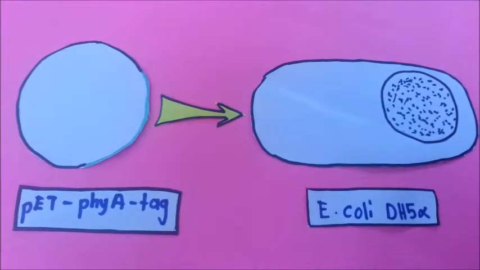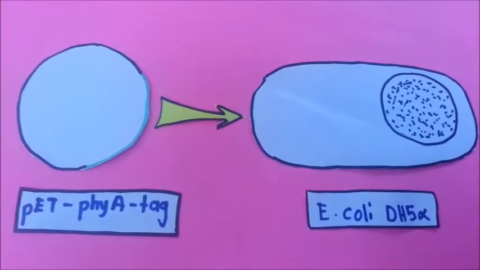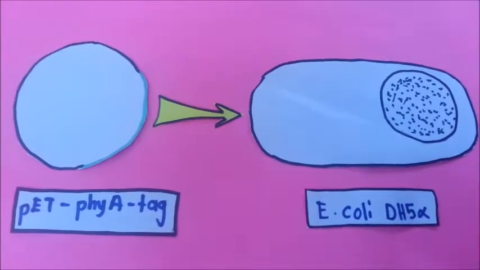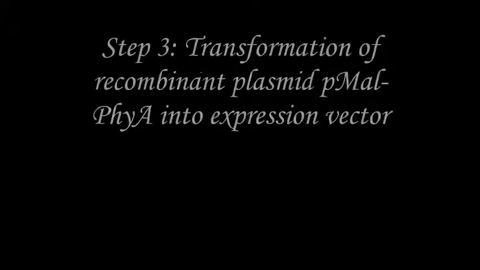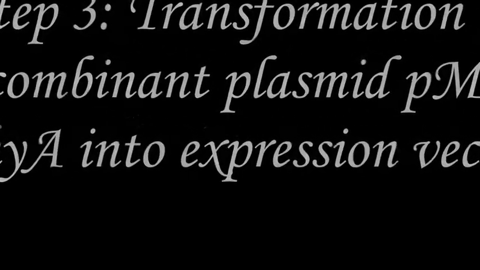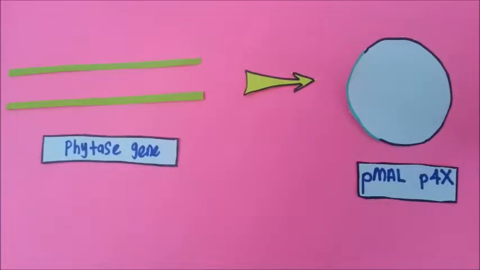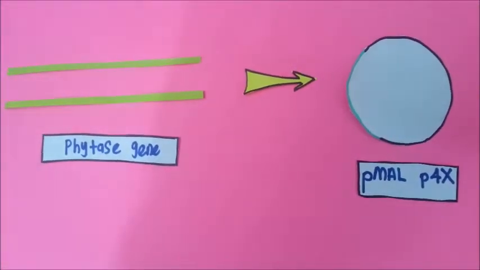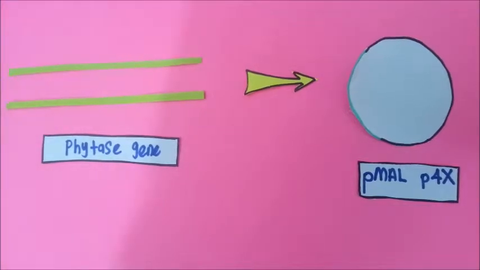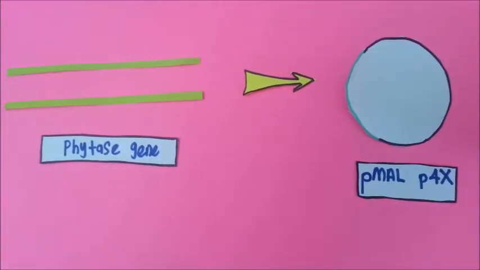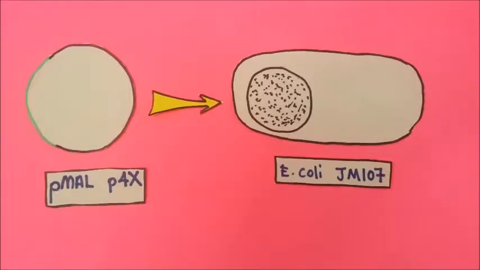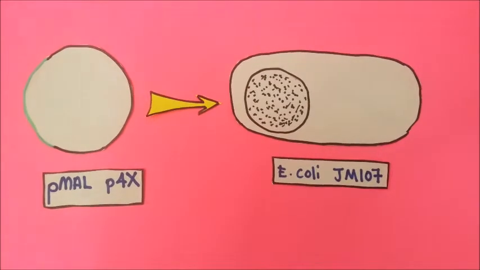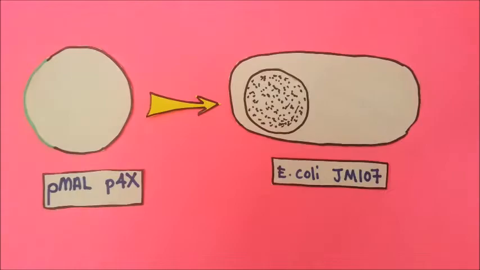Same goes with recombinant plasmid PET PHYA with histidine tag, which was transformed into E. coli DH5 alpha in a different tube. For subcloning in PMALP4X, which is the expression vector, the phytase gene was ligated into PMALP4X. Then, this recombinant plasmid was transformed into E. coli JM107.